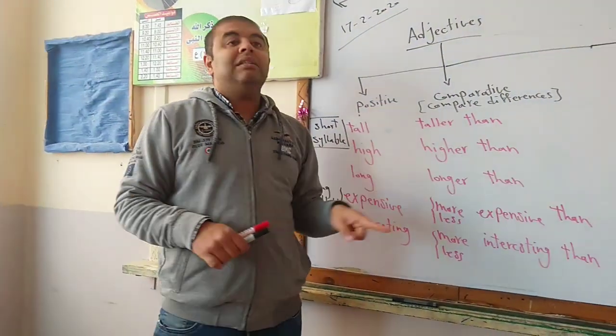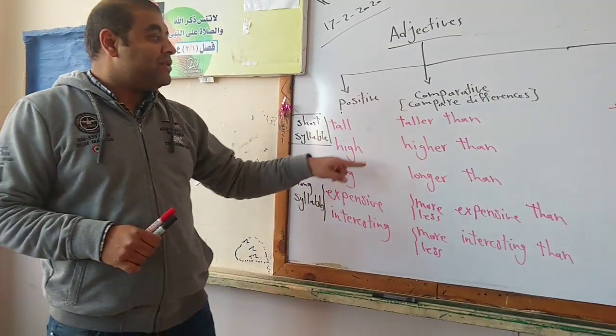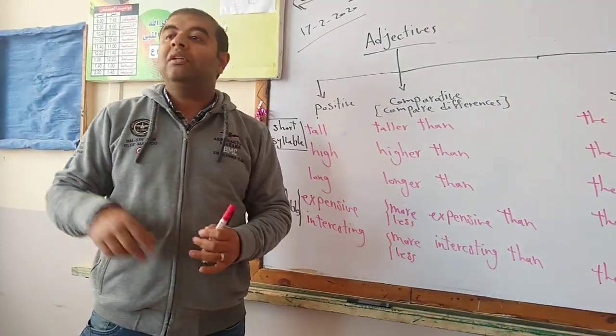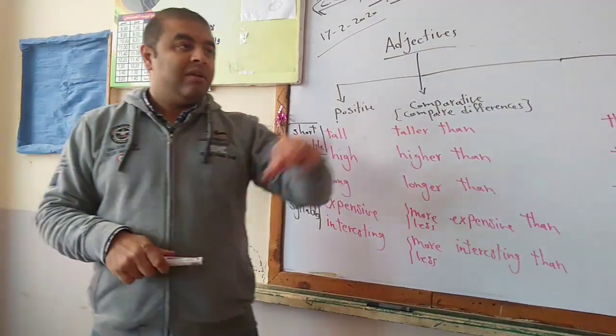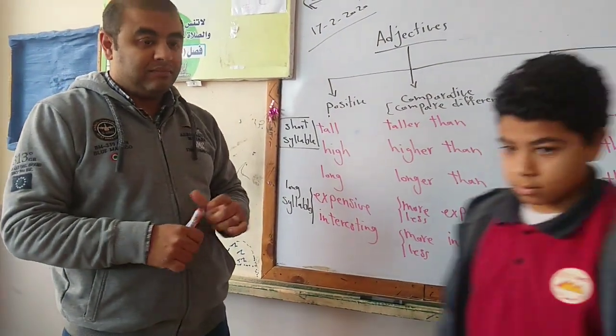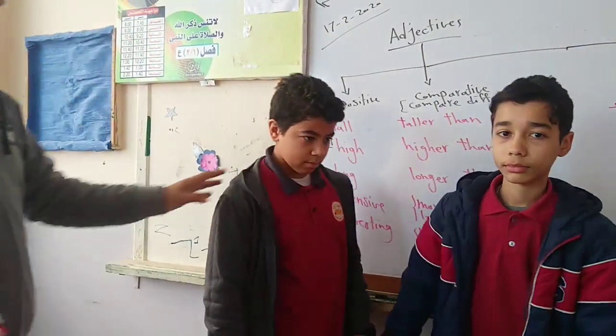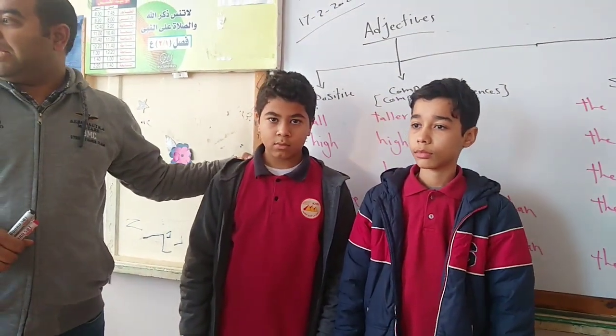What about comparative adjectives? We use these kinds of adjectives to compare differences between two groups, two things, two people. Example, Marwan, Mahmoud, come to the front. Look carefully. Who can use taller to make a sentence? Taller.